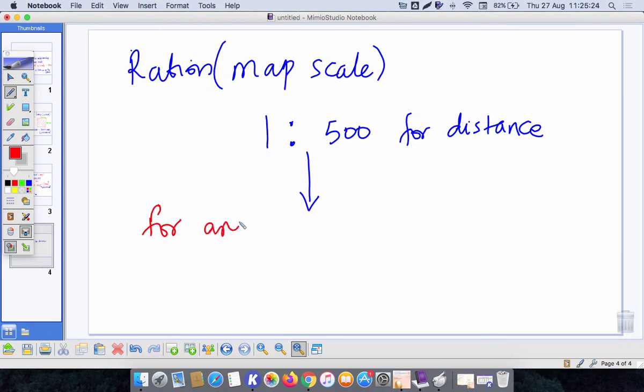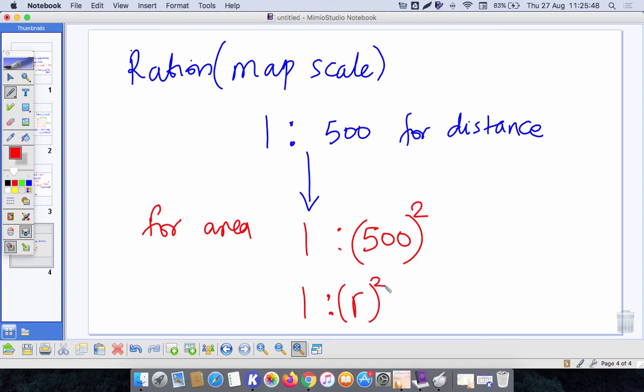So for area, I need to transform that scale to 1 to 500 squared. Basically, I can write it as 1 to r squared.